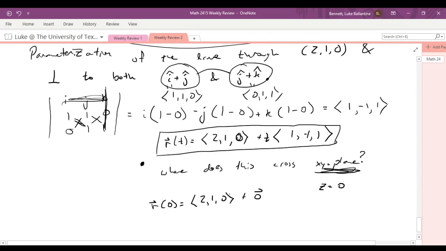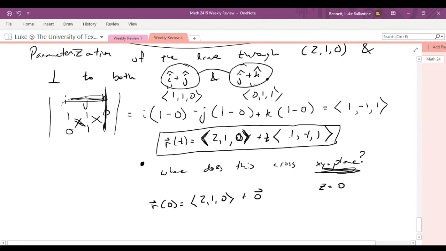That's where it crosses the xy plane. That was kind of a dumb question on my part, but they might ask you some other questions about these lines. They might say, okay, where does it pass through the y-axis or something like that.